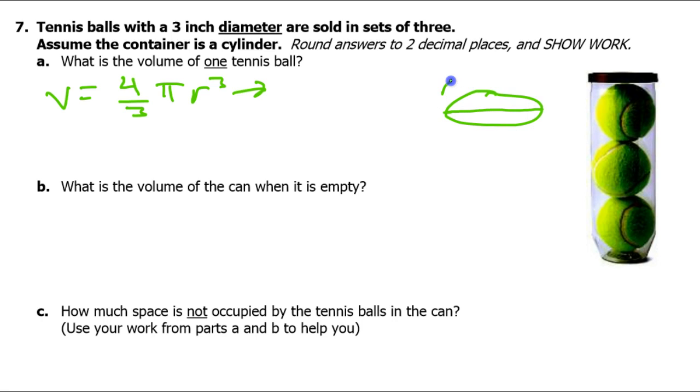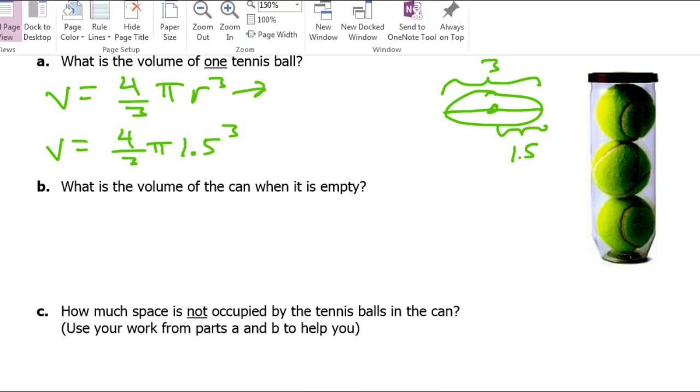So if that is 3, then the radius is going to be half that, and that is 1.5. So the volume is going to be 4/3 pi times 1.5 cubed.